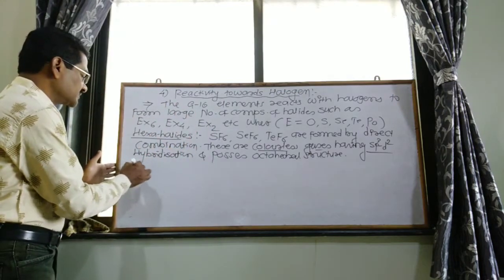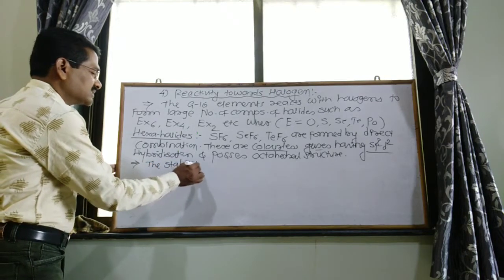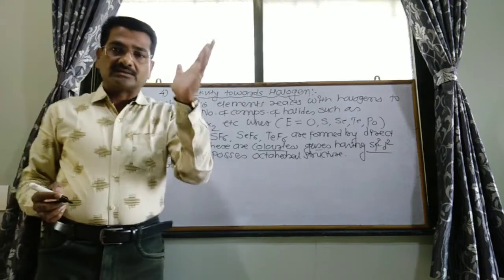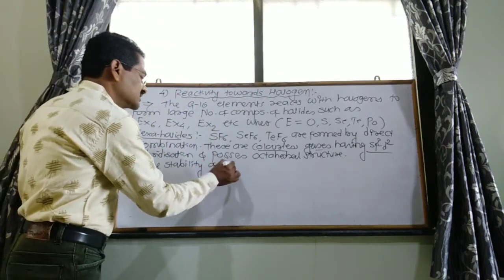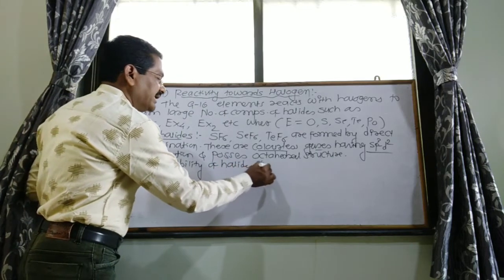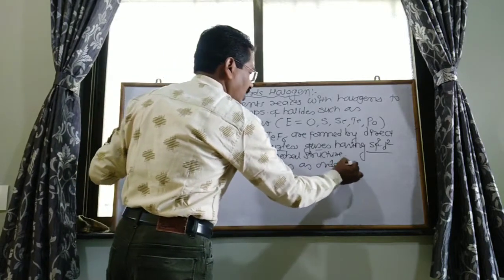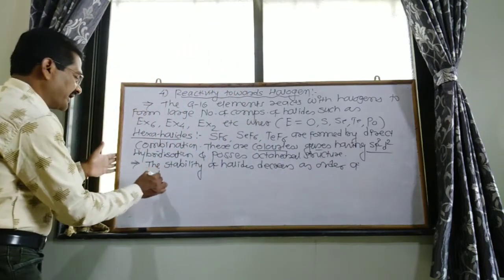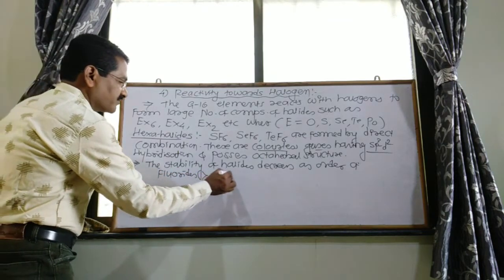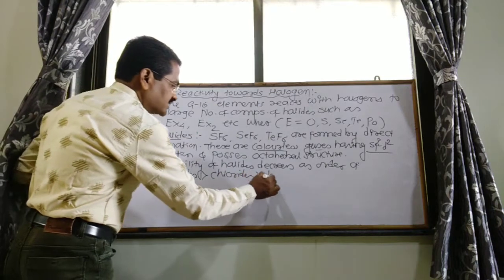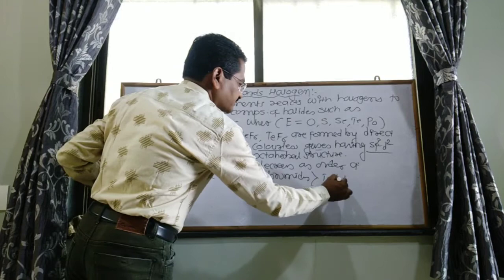The stability of halides decreases in the order fluorides, chlorides, bromides and iodides.